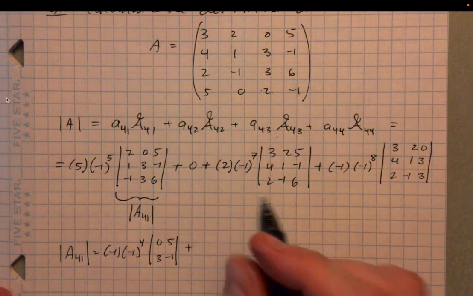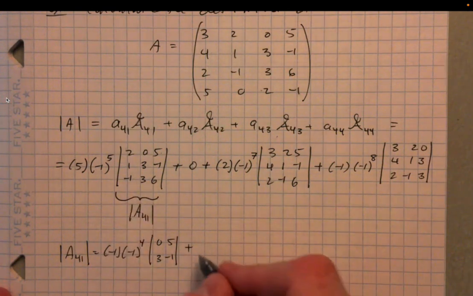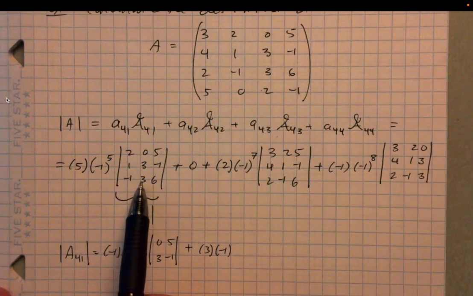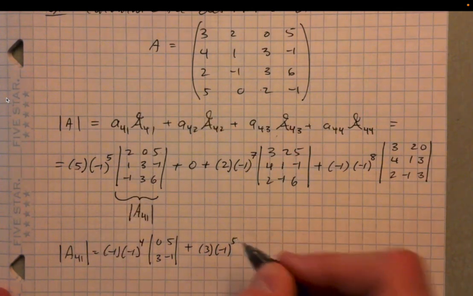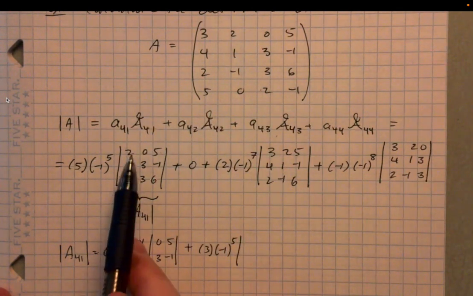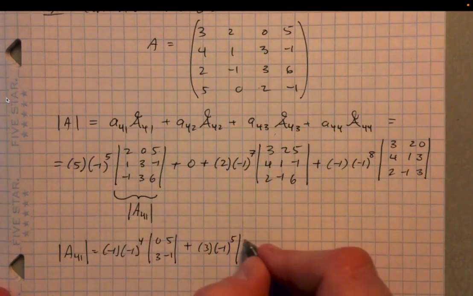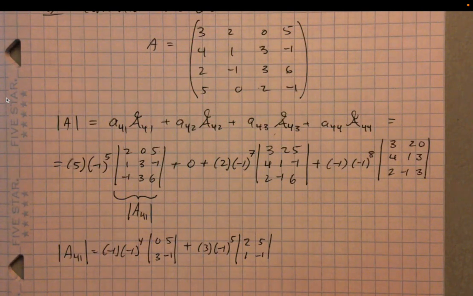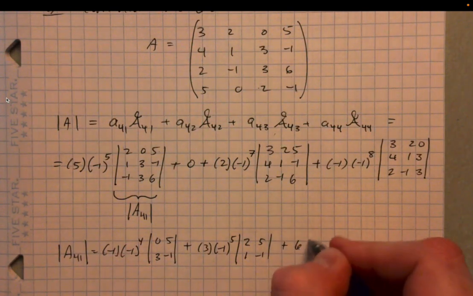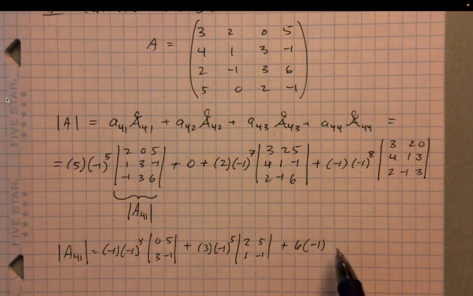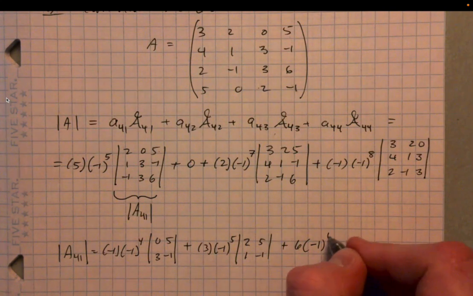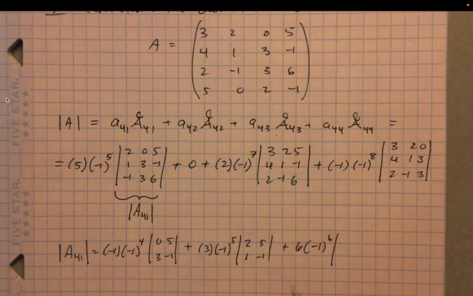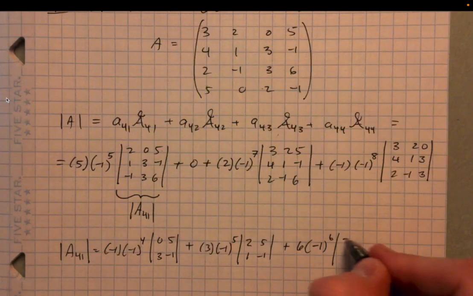And then plus 3 times negative 1 to the 3 plus 2 power, so the 5th power, times the submatrix 2, 1, 5, negative 1. Plus 6 times negative 1 to the 3 plus 3 power, which is 6, and then 2, 0, 1, 3.